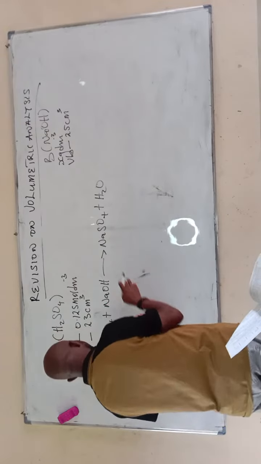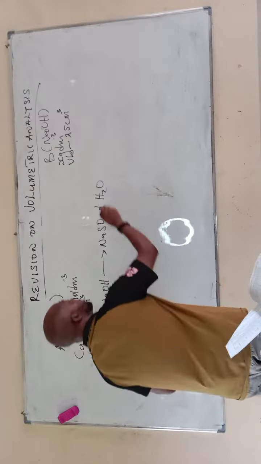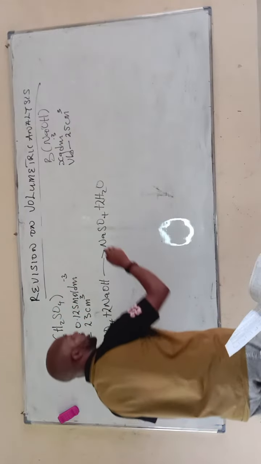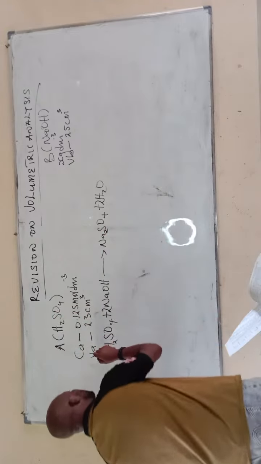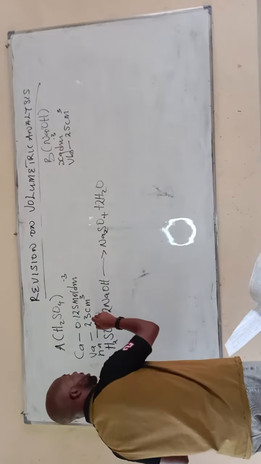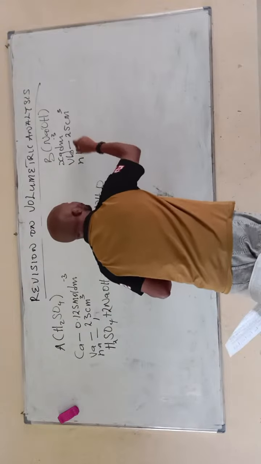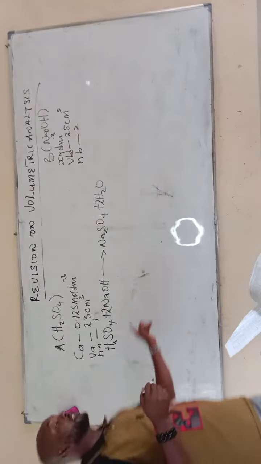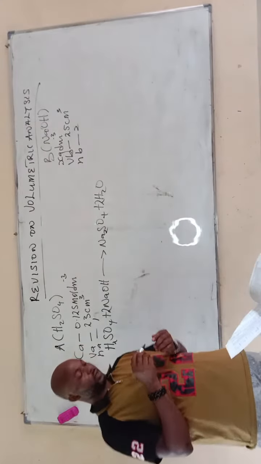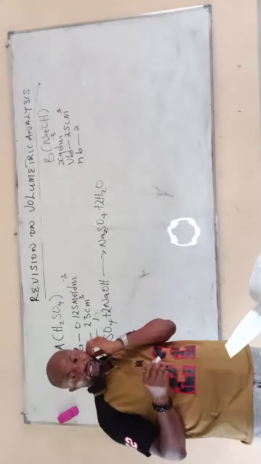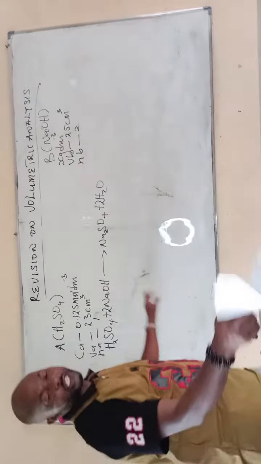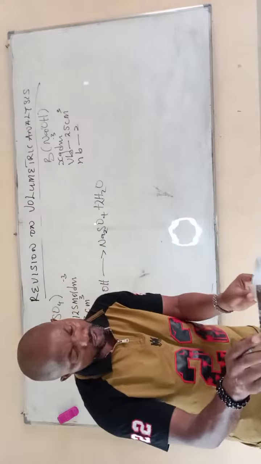If I have 4 here, I'm definitely going to have 2 here, and I'll have my 2 here. So the number of moles of acid is 1, and the number of moles of base is 2. From the equation of reaction, all of them are in their aqueous state. Water is liquid, so I don't want to waste time putting all of that. Now, what did they say we should do? Let's look at it again.